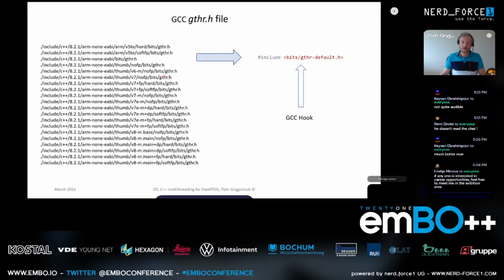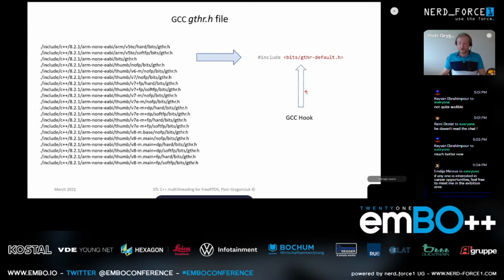For ARM none, this file is always the same as far as I remember, but it could be different. And all of them include this one, the gthr-default. There's also gthr-posix, and possibly some other files, but that's the one being used. I call it the GCC hook, and I will reference this file quite a few times in my presentation. So this is the first merging point.